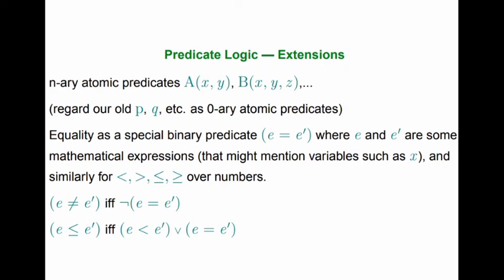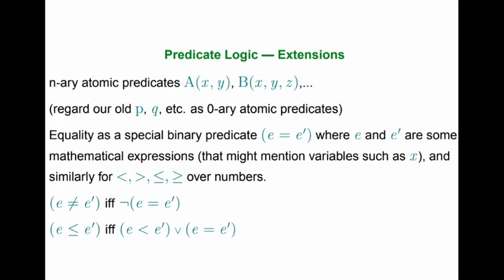Equality as a special binary predicate E equals E prime, where E and E prime are some mathematical expressions that might mention variables such as x. And similarly for less than, greater than, less than or equal to, and greater than or equal to over numbers.